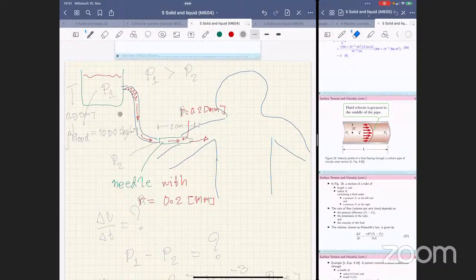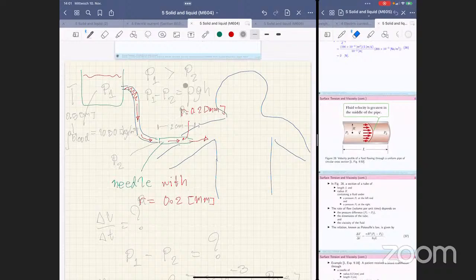If P1 is less than P2, the blood would move in reverse, in the opposite direction. Here, P1 is greater than P2 by this amount, rho g h. Rho is the density of the blood, g is the gravitational acceleration on Earth, and h is the height.